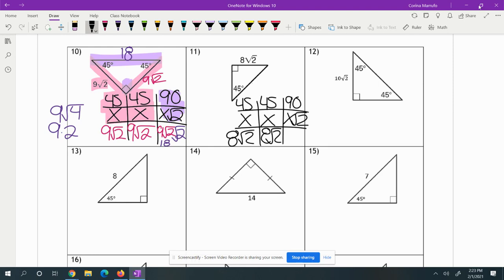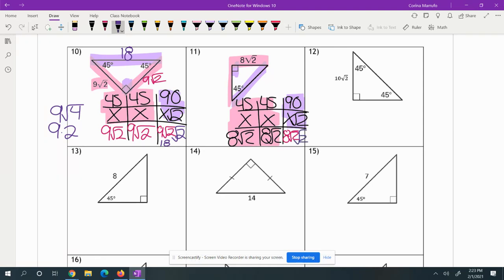Okay, how did I figure that out? Well, those ones are across your x, which are these two sides right here. And then across your 90-degree angle, across this one is going to be our longest side, which is this one. Okay, so instead of x, we plug in 8 in the square root of 2, because that's what x is. But then we still have to multiply that times the square root of 2.